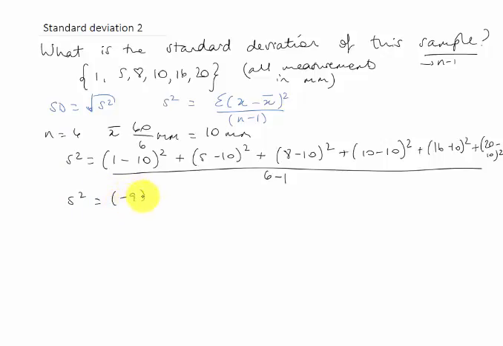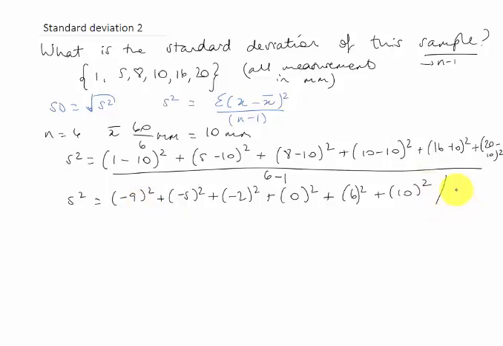So you've got minus 9 squared plus minus 5 squared plus minus 2 squared plus minus 2 squared plus 0 squared plus 6 squared plus 10 squared.